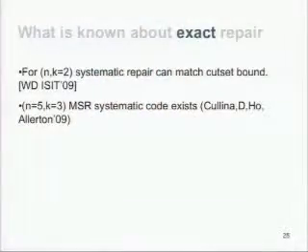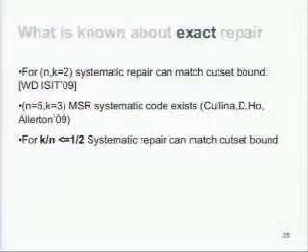And then when I was a postdoc at Caltech, we were trying to find (5,3). This was the smallest case that was open. And Dan Kulina, who was an undergraduate at the time, ran a huge computer search over all possible codes, with some optimizations to make this feasible. And we could find some codes that were (5,3) exact, matching the cut set bound for this case.